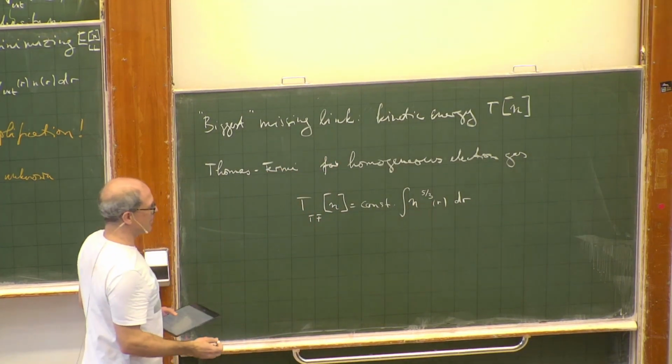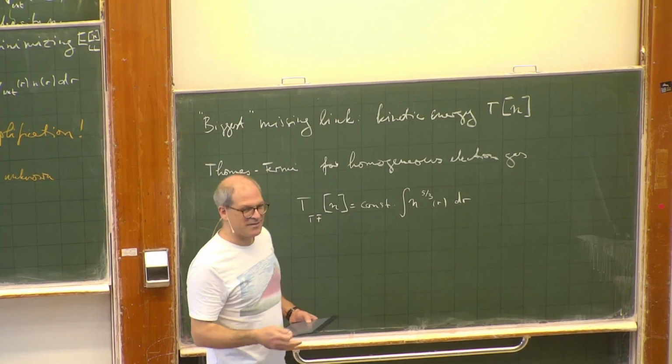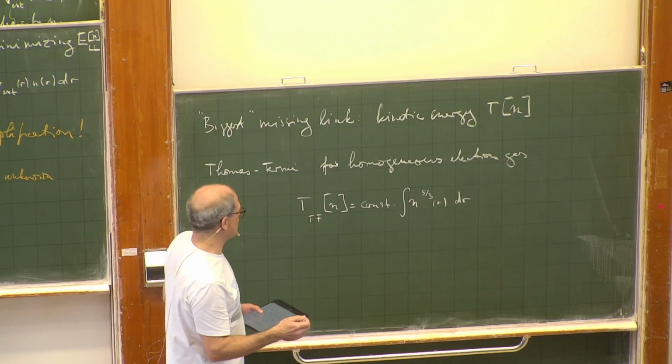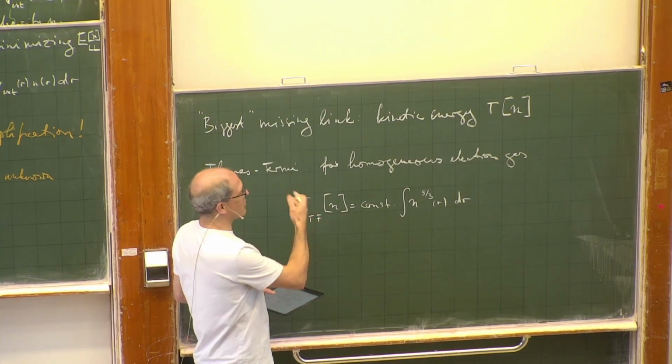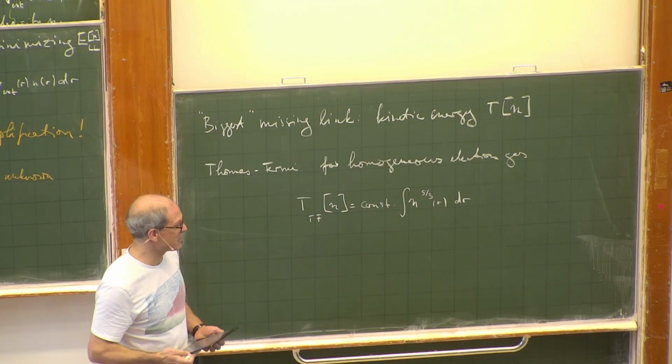but if you look at the potential in a molecule, it's anything but constant. Yeah? So this is a very poor approximation for molecular systems and for materials.